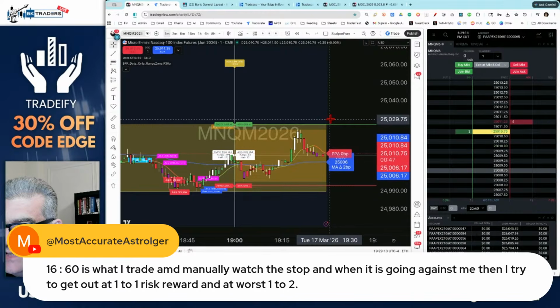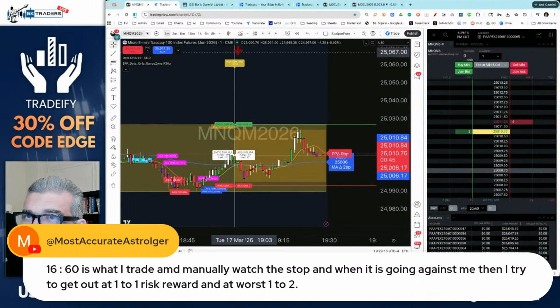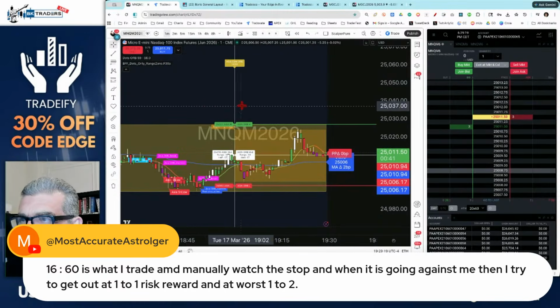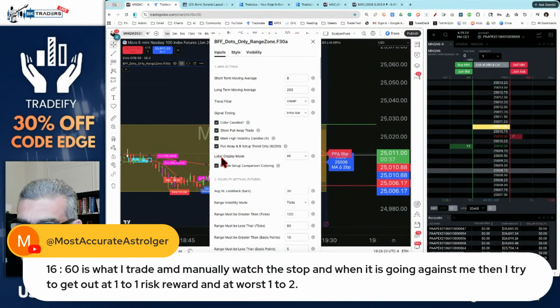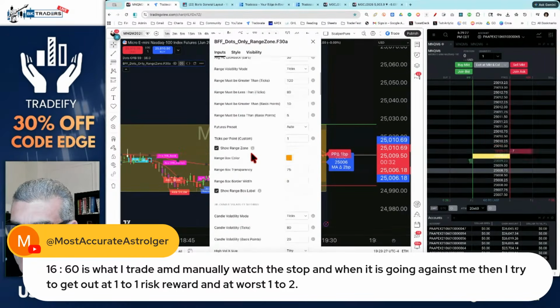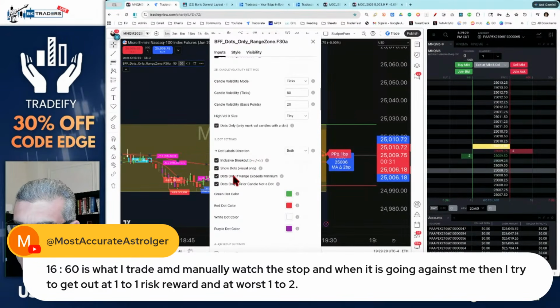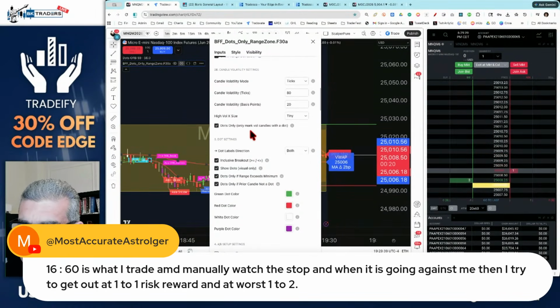What I've been trying to tell everybody is I created a version where you could eliminate all the chop you possibly can. They're all user defined, but I clicked them all on as a default: dots only if range exceeds minimum, dots only if prior candle is not a dot, dots only if the volatility is low enough.